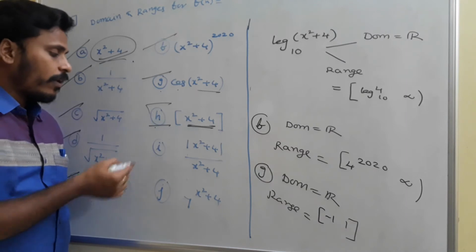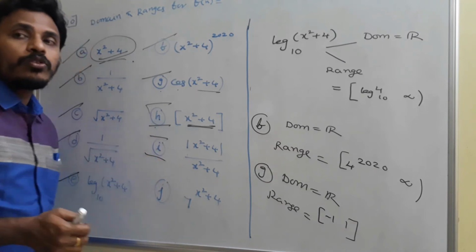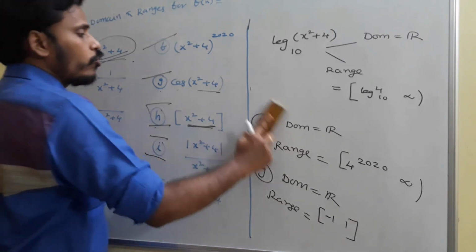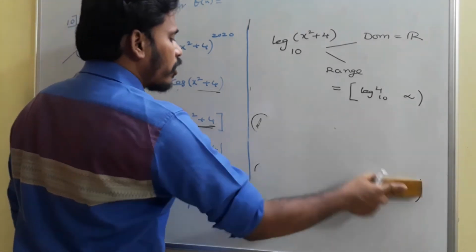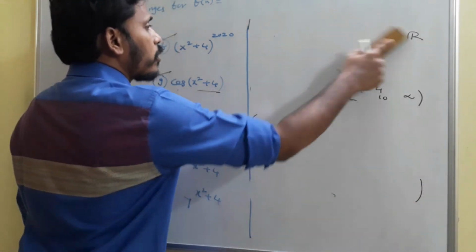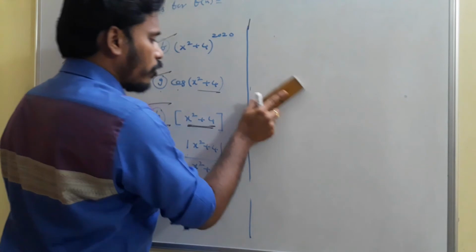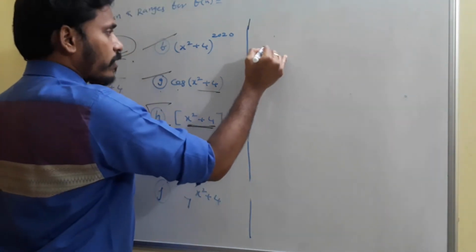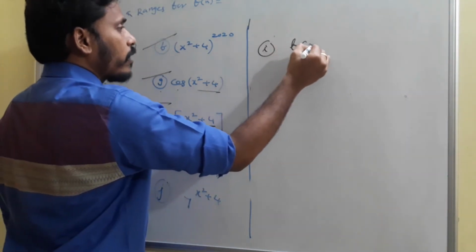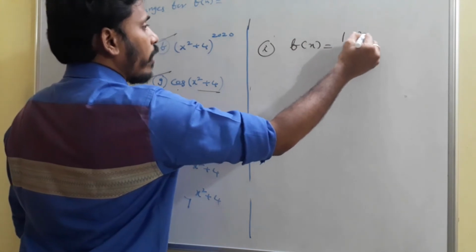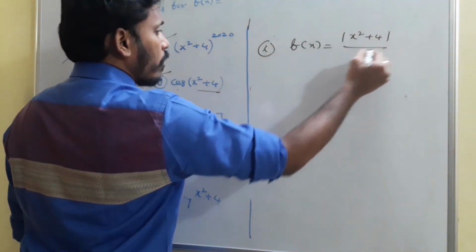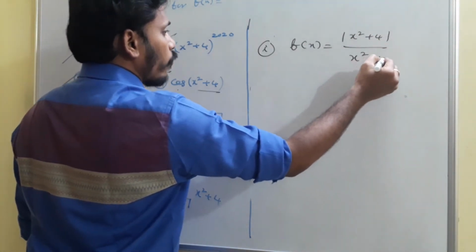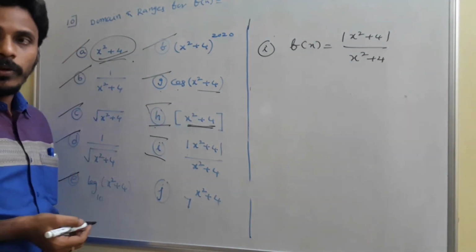Then think about I. When you think about I, as I mentioned, x square plus 4 is always positive. The given function for this I is f of x equals modulus of x square plus 4 divided by x square plus 4.